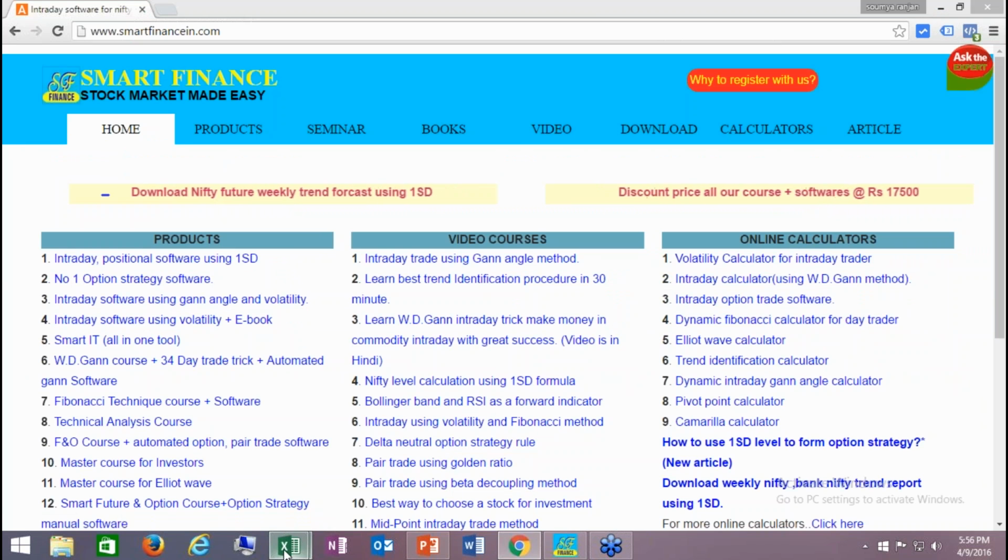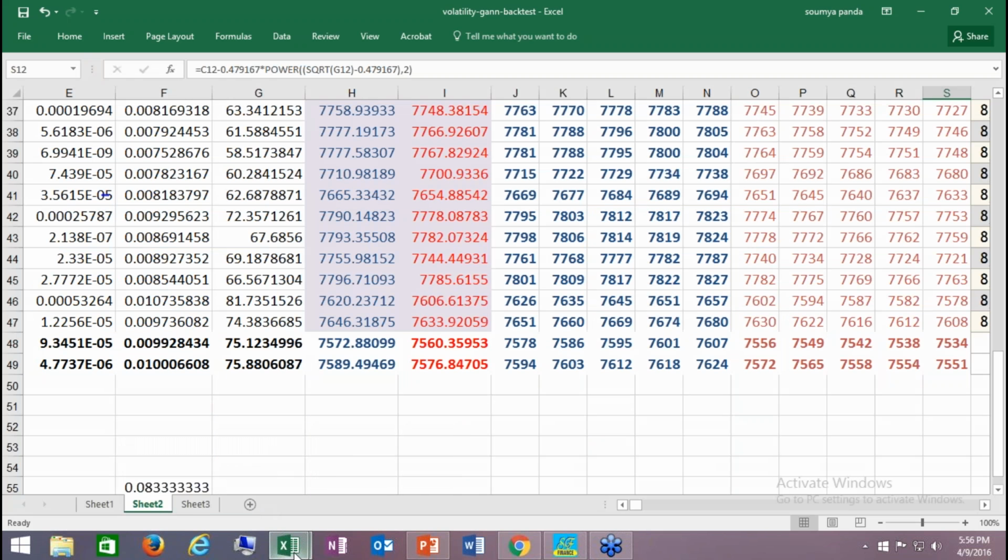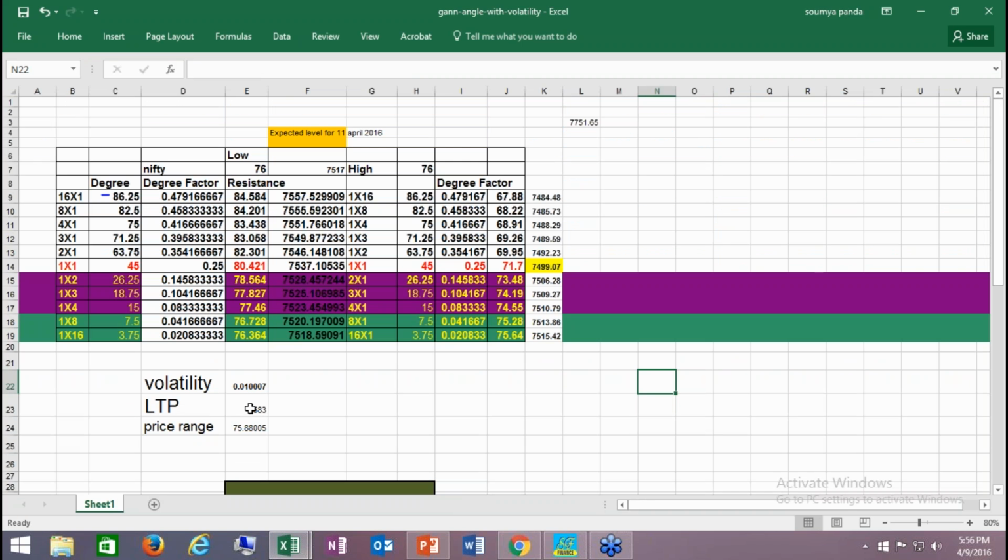You have to calculate the volatility, and post volatility, you have to calculate the price range. After taking the price range, you have to calculate two different price ranges, one above your particular trend line, the Gann trend line, and another below the Gann trend line.